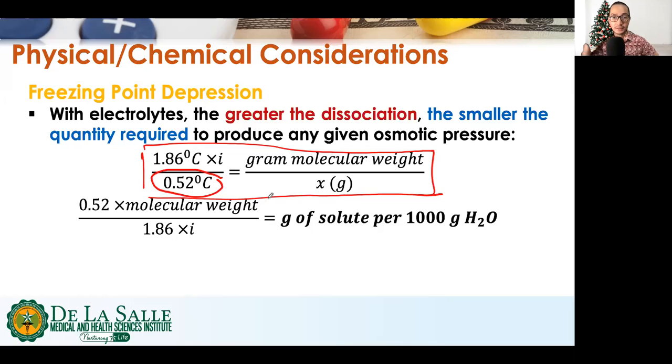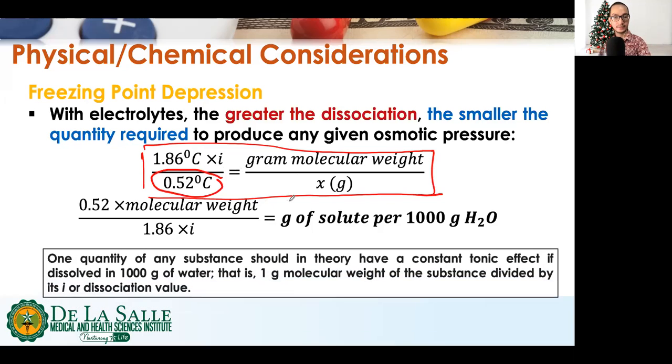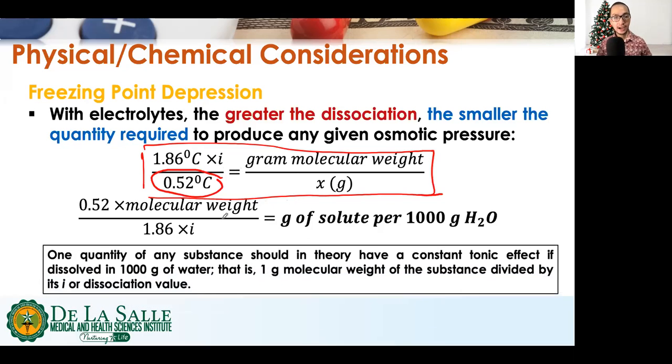So for you to be able to determine the amount of a particular solute to make an isotonic solution, you are just going to perform ratio and proportion. Now, remember that one quantity of any substance should, in theory, have a constant tonic effect if dissolved in 1,000 grams of water.